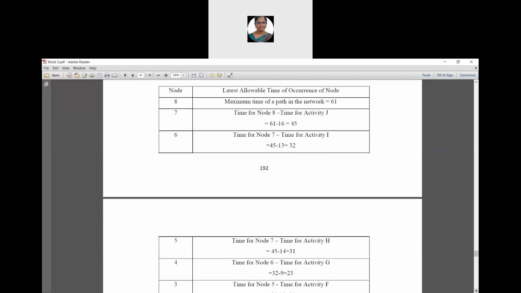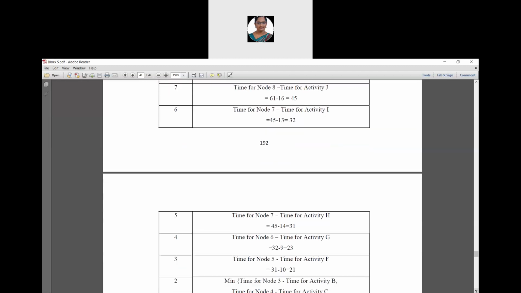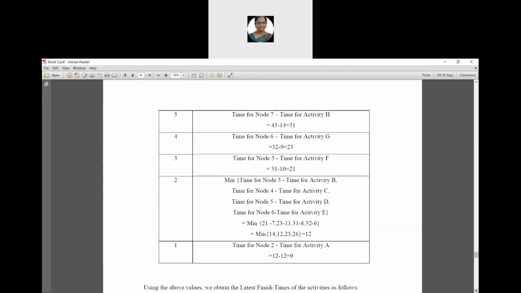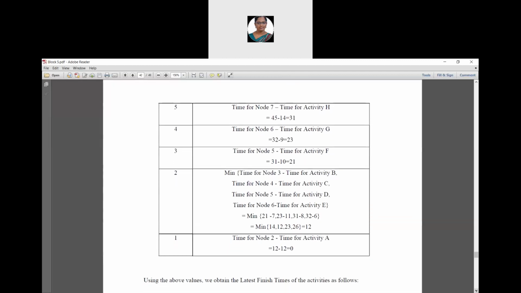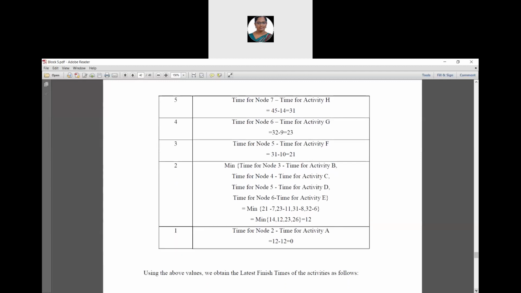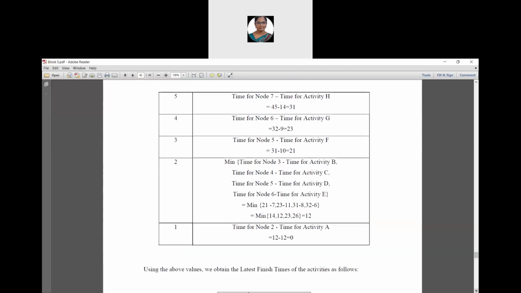So for node 6, time for node 7 minus time for activity J, it is 32. So for node 5, latest finish value for node 7 minus time duration for activity H. So 45 minus 14 is 31.